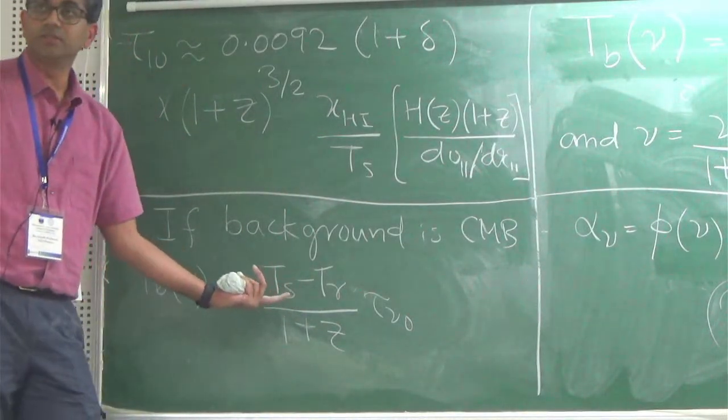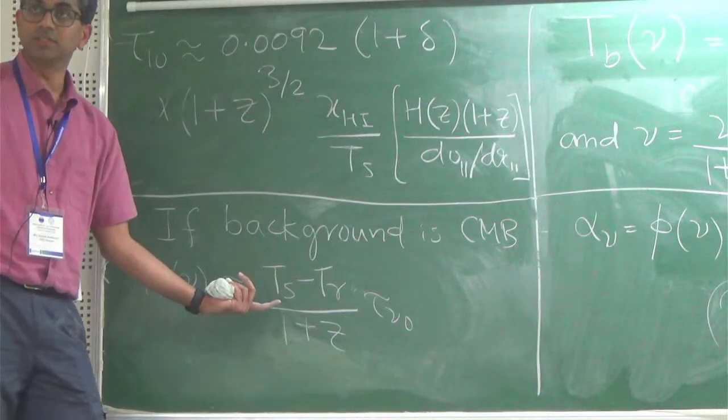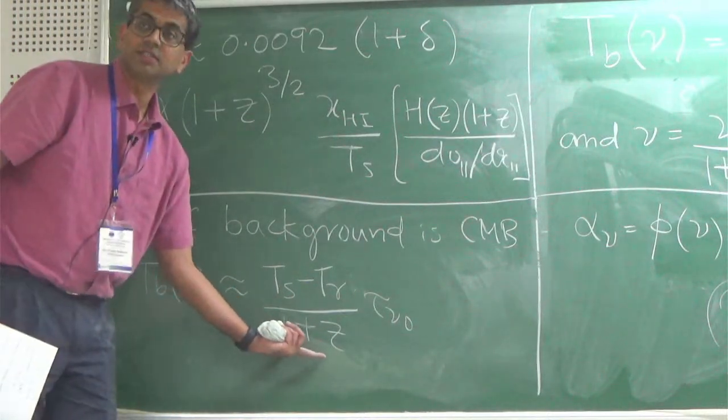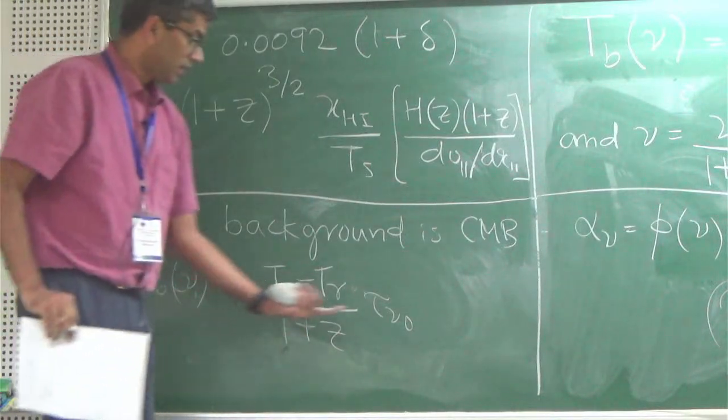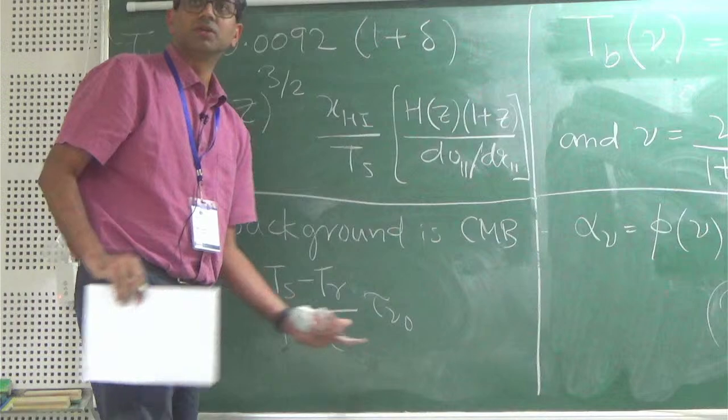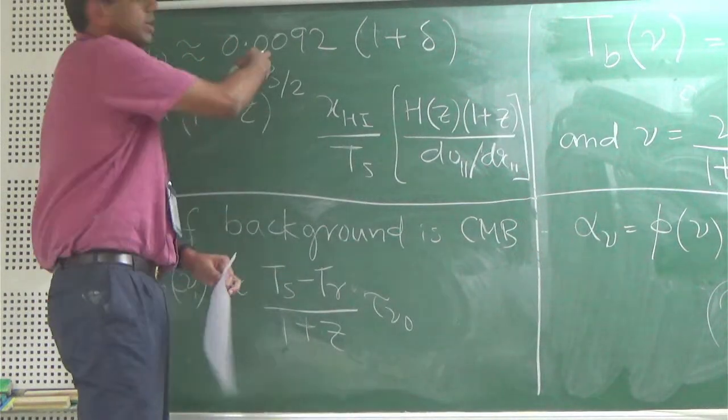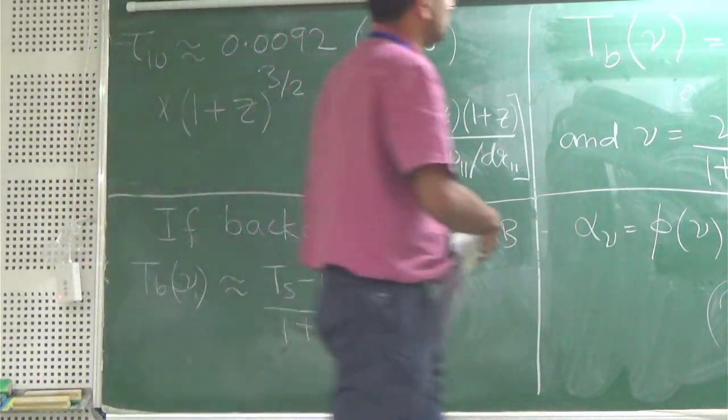The contrast is just the radiative transfer equation written in different terms, with this 1 plus z factor coming in because now I'm writing in the observer frame. And this tau nu naught comes in because I'm just expanding the exponential, since this value is very small.